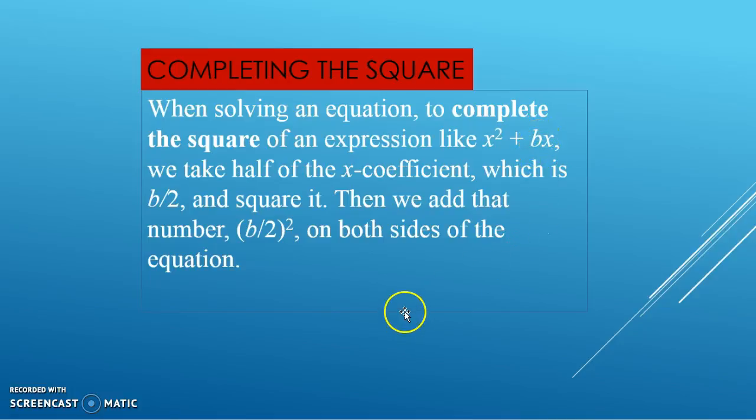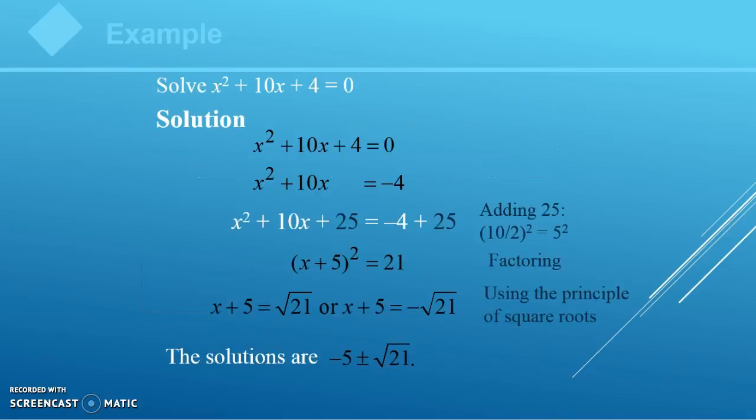And then we're going to square that answer. That number that we've taken half of and squared, we're going to add to both sides of the equation. Remember, if we do add something to both sides of the equation, we haven't changed the equation. We're keeping it the same. So once we've done that, then we can proceed by taking the square root of both sides using the principle of square roots.